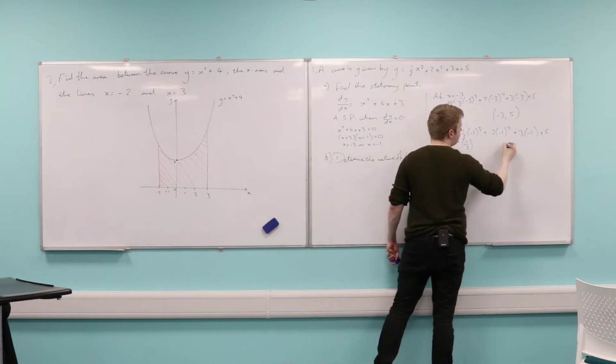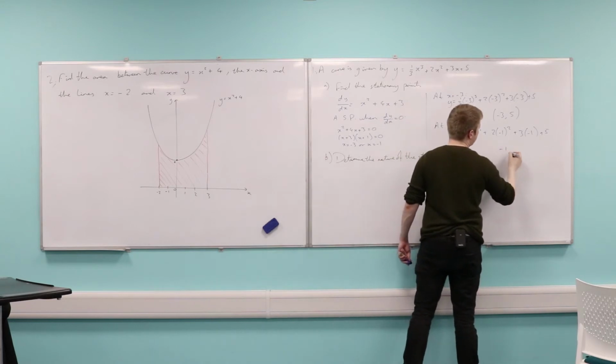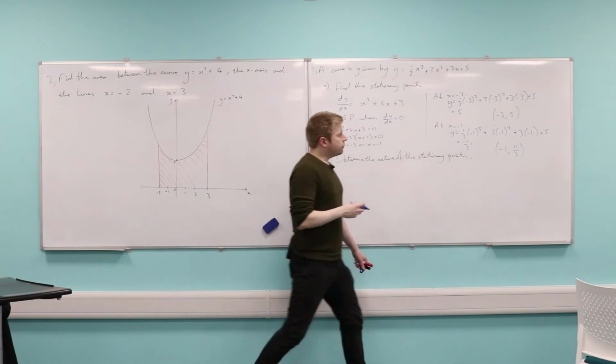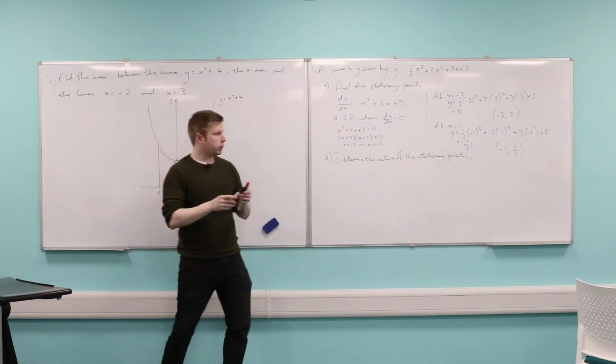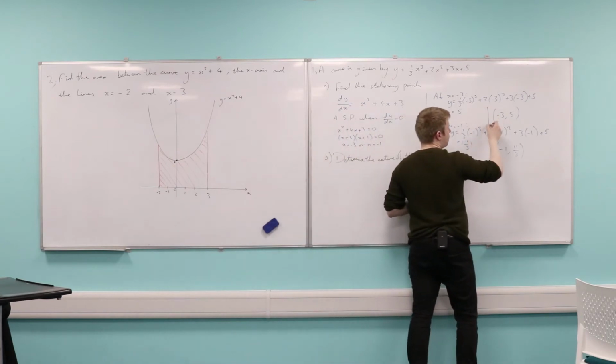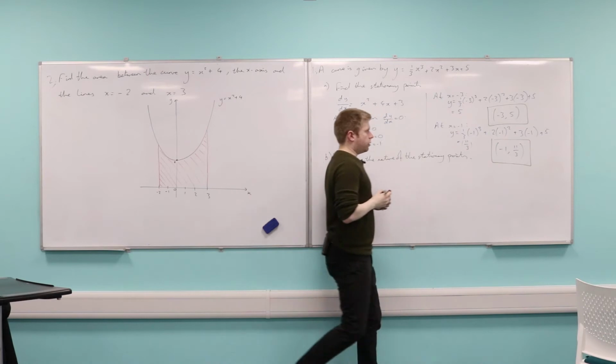Okay. So therefore my stationary points are going to be negative 1, 11 over 3, and the other one which I found, which was negative 3, 5. Does that make sense to everyone? So that's one stationary point, that's another stationary point.